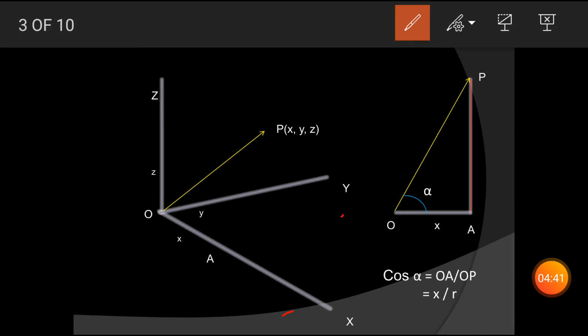Position vector you would have studied in vector algebra, but if you do not know, then let me tell you that a vector is called a position vector if its initial point is at the origin, and the magnitude is represented by r. As P has the coordinates x, y, z, the magnitude of this OP will be the square root of x square plus y square plus z square. This is the basic that you have already studied in vector algebra.